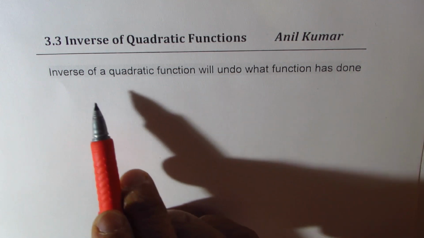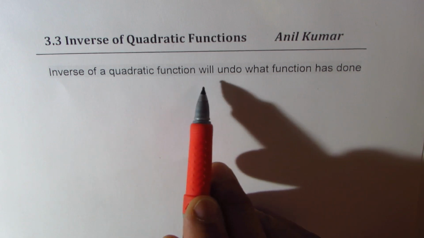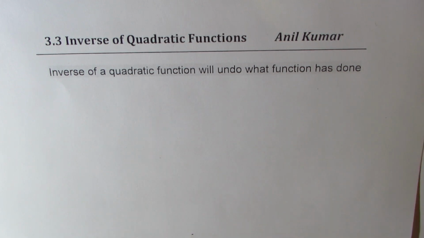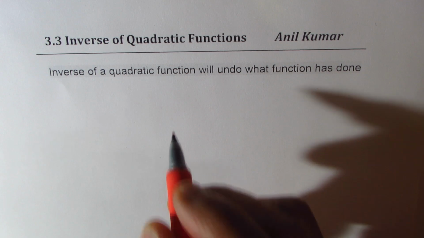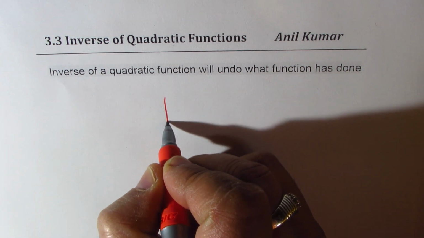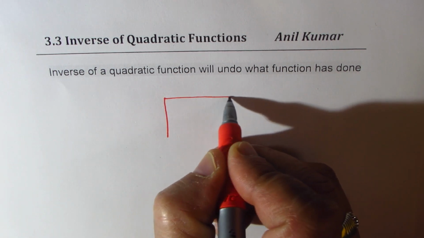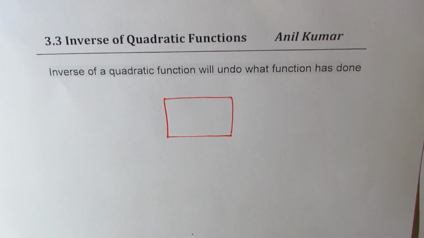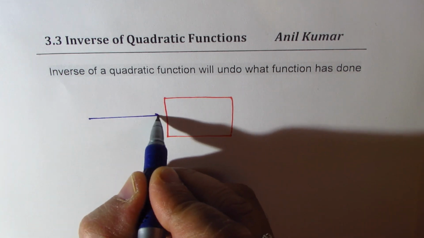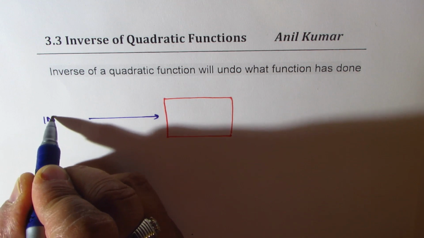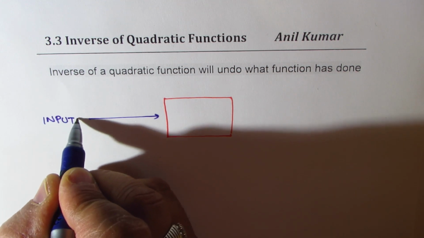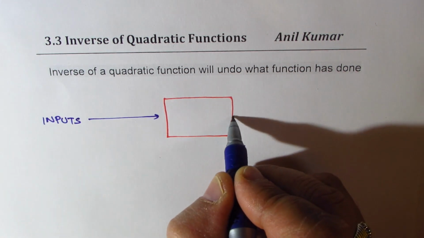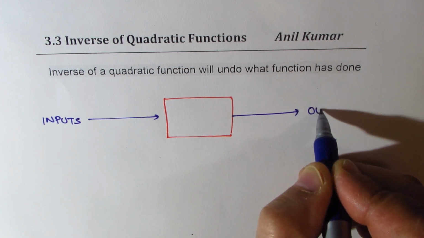So basically, the inverse of a quadratic function will undo what the function has done. Let's try to understand this particular statement. Let's say this is the box which is doing the operation of a quadratic function. We place some inputs here, and for each input we'll have an output.